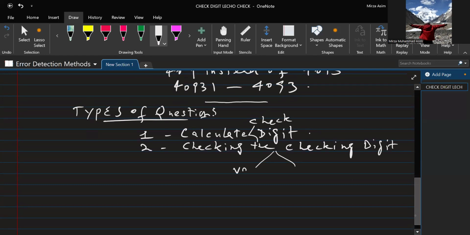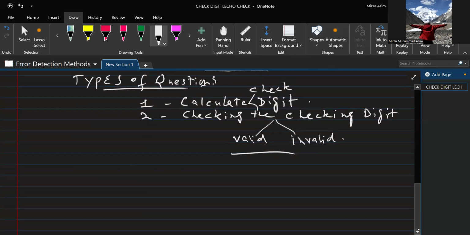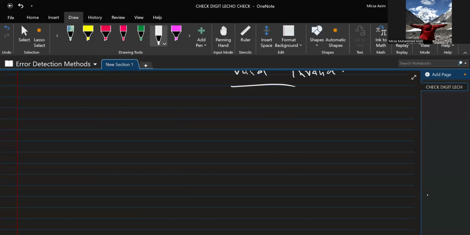Now we are going to look at both examples. For example, say we have a number 817, let's say 5257665. Here I'm discussing case number 1, which is calculating the check digit, right?